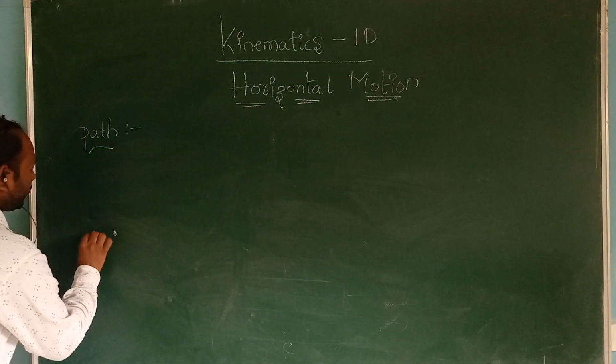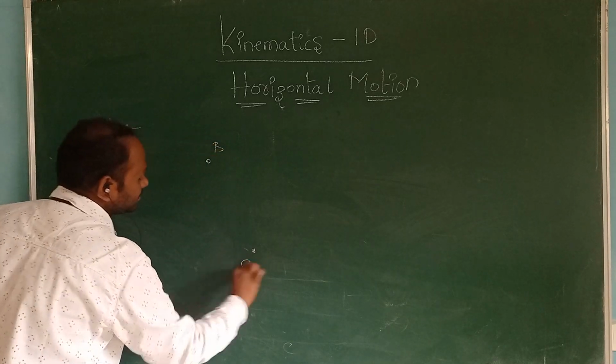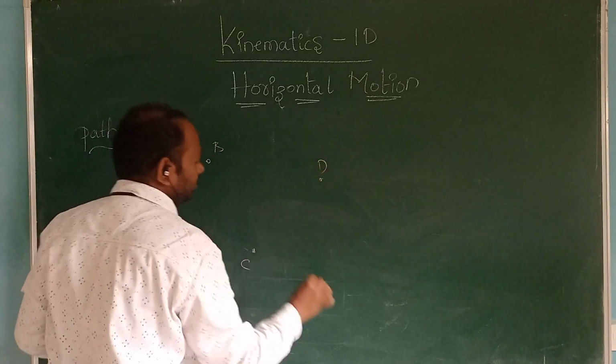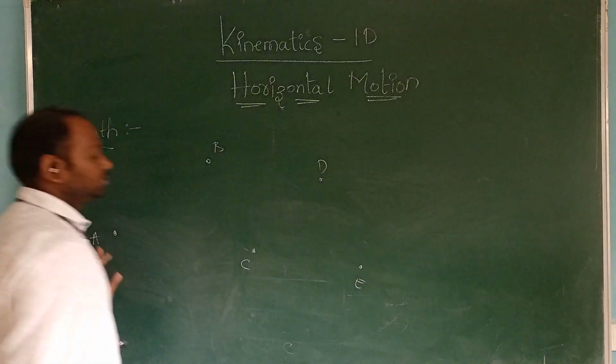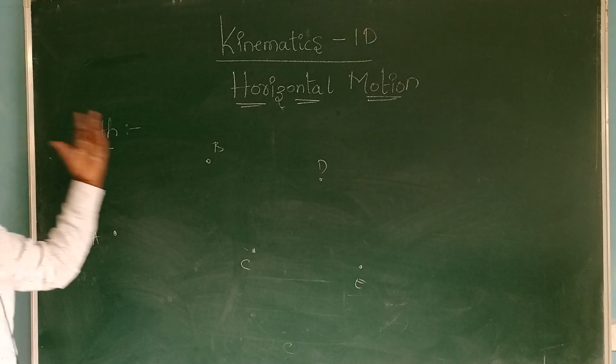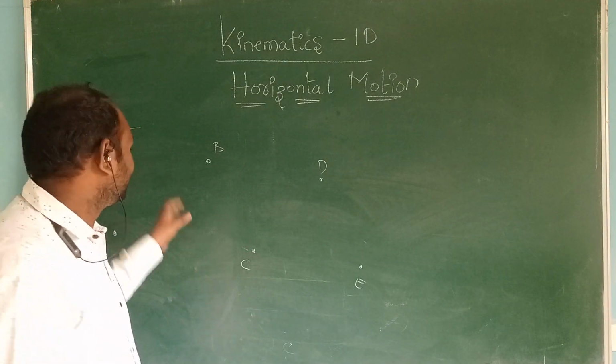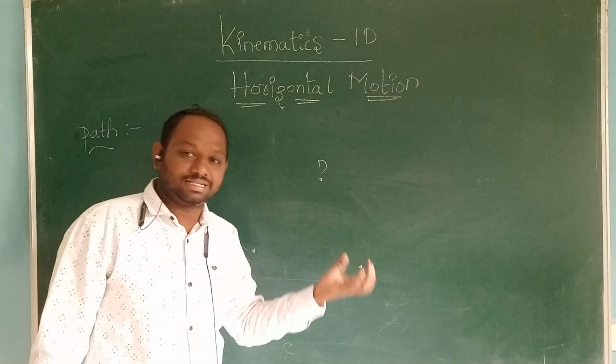For example, here are particle A, particle B, particle C, particle D and particle E. What is a particle? In the starting class I explained: an object of negligible mass is called a particle.